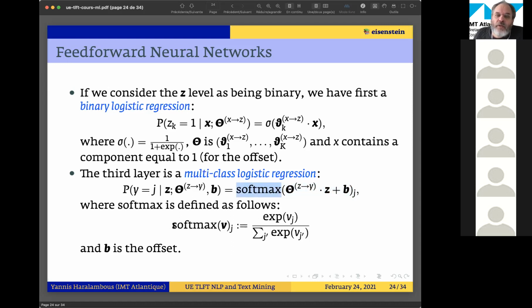So what is softmax? It's just a nice word for saying the exponential of the jth component divided by the sum of the exponentials of all components. It's a transformation of a vector into a vector.